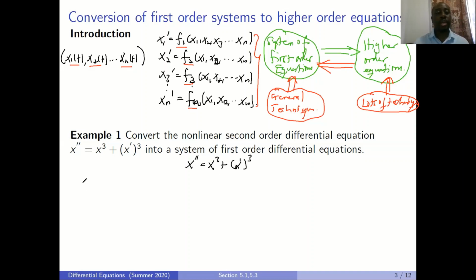Here's the idea. We use a substitution approach. And what do we substitute? We substitute the derivatives, beginning with the first derivative.